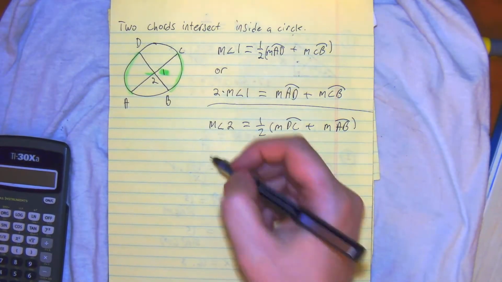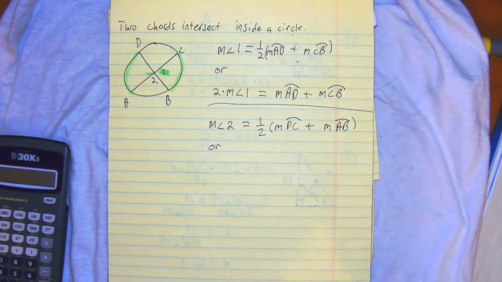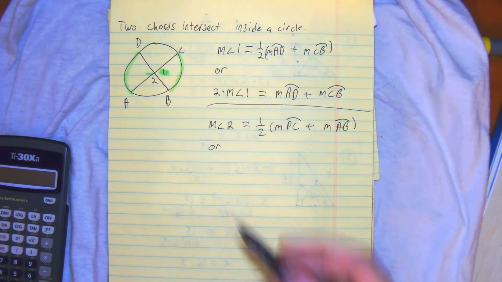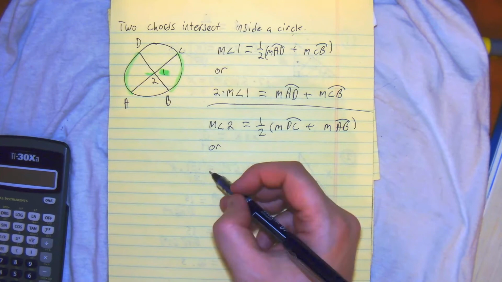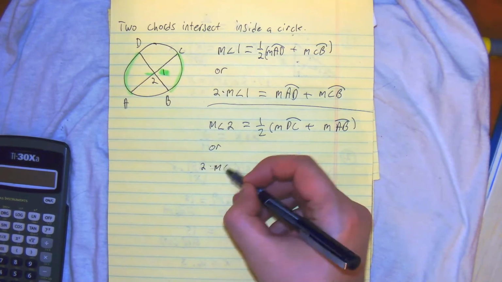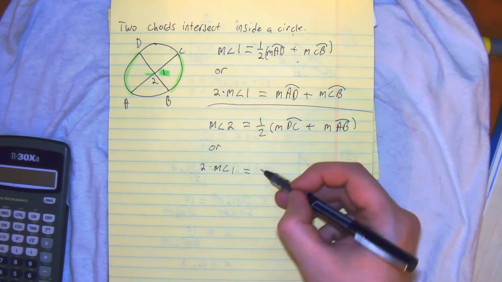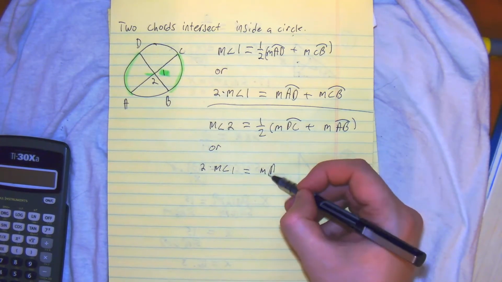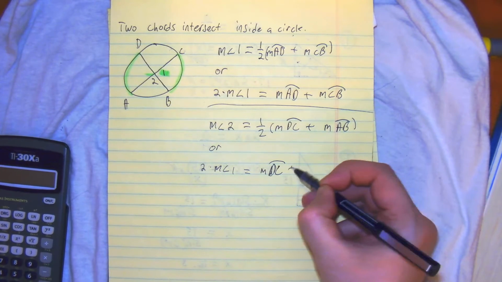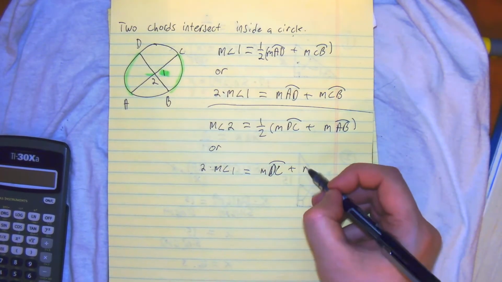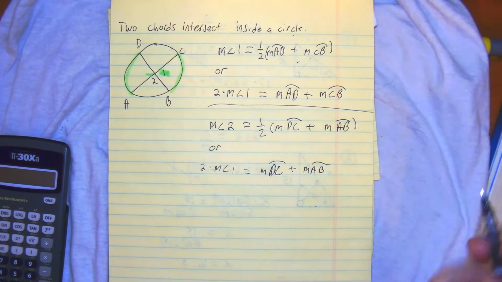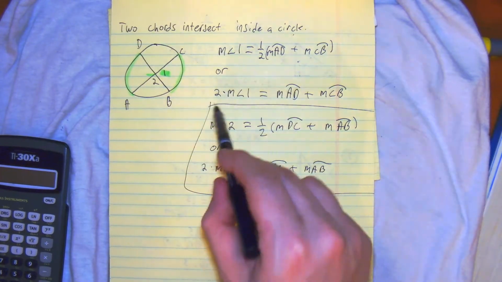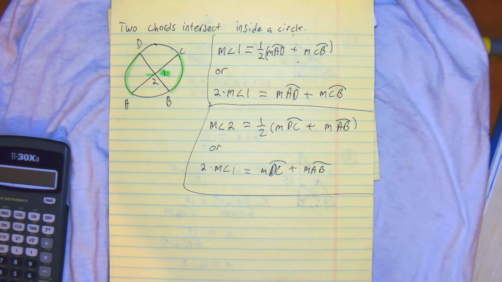Just like the other problem, or we can have it as 2 times the measure of angle 2 is equal to the measure of DC plus the measure of AB. So those are our 2 definitions for it.